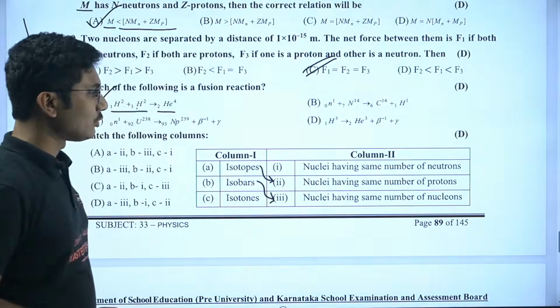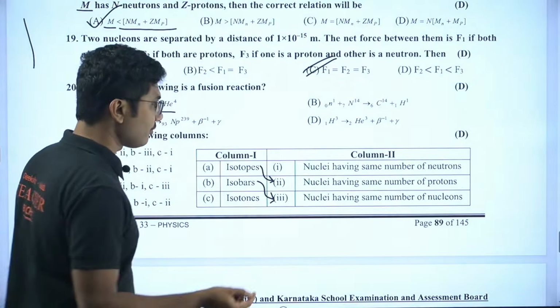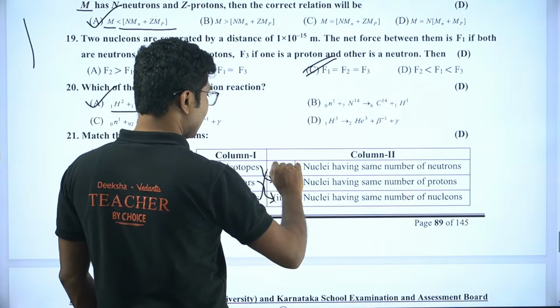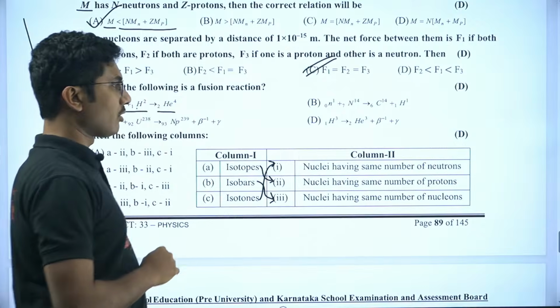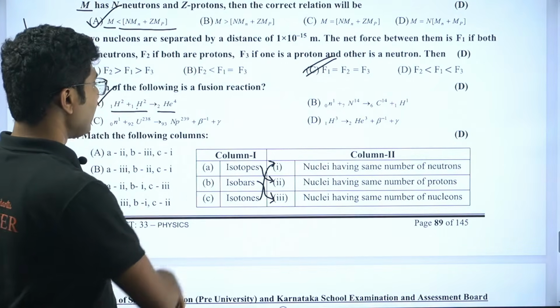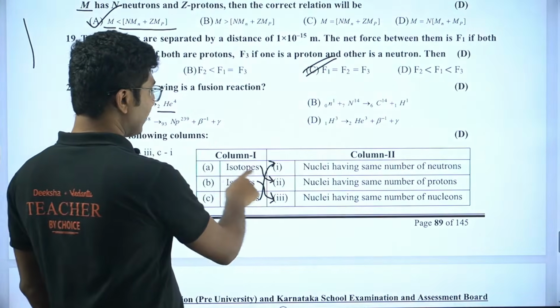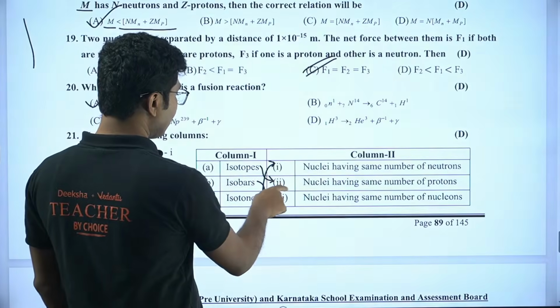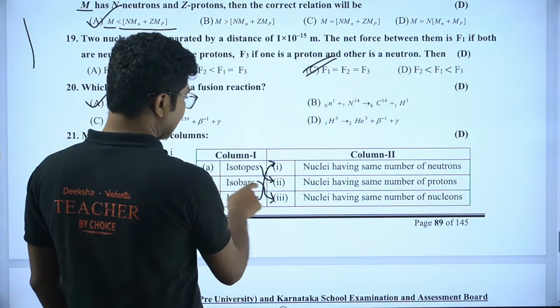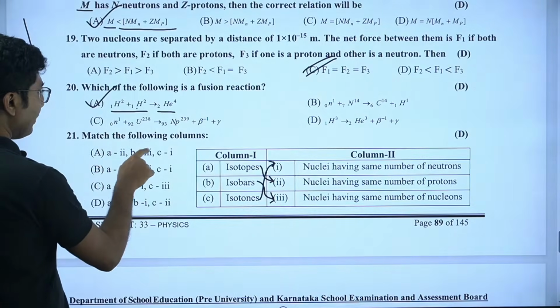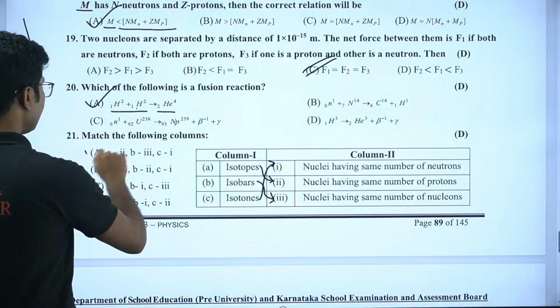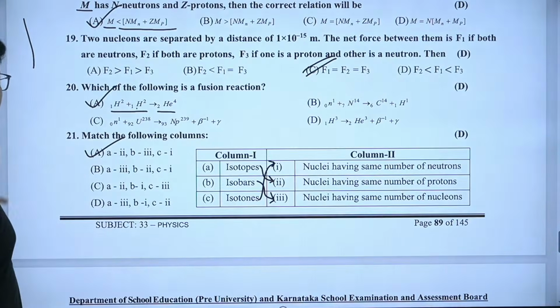Isotones are nuclei having the same number of neutrons. So A is matching with 2, B with 3, C with 1, so the correct answer is option A.